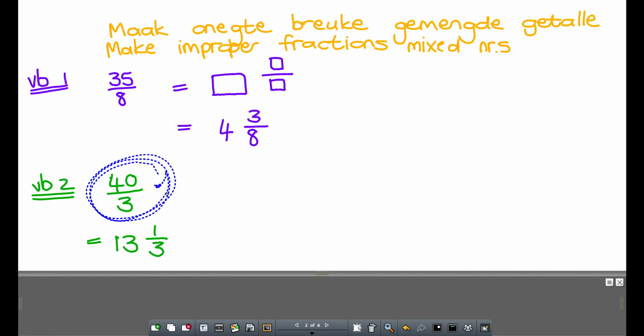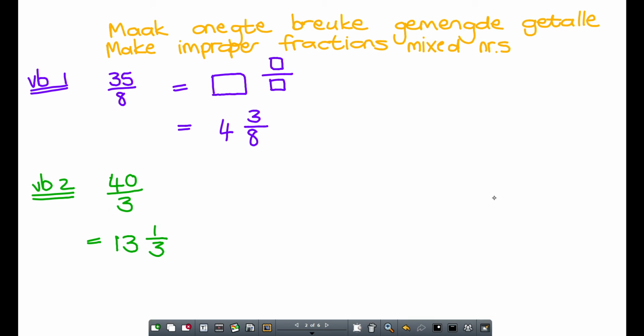So that is your clue that it is going to go in 13 times. So then you only have to calculate how many would be left. How do I do that? I say 13 times this 3, which gave me the 39, and that's how I knew 1 would be left to get that 40. You fine with that? Okay. Right. Can I skip?